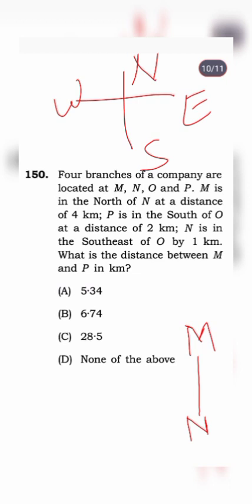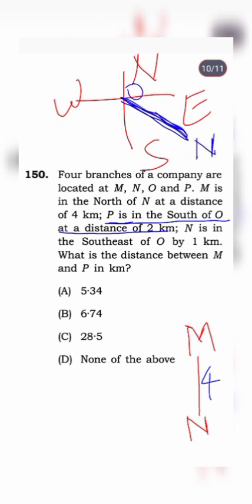What is the distance? It is 4 km. Now what is next? P is in the south of O at a distance of 2 km. O is not given, so we will move forward. N is in the southeast of O. What is N is in the southeast of O? See, southeast is here.